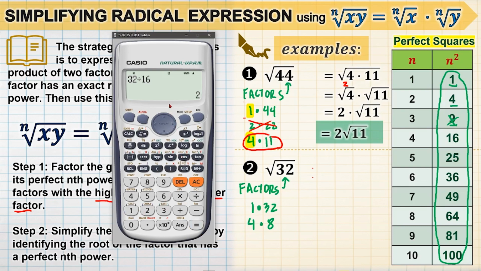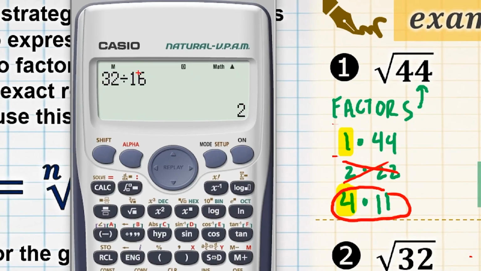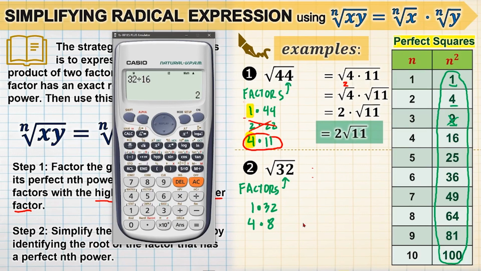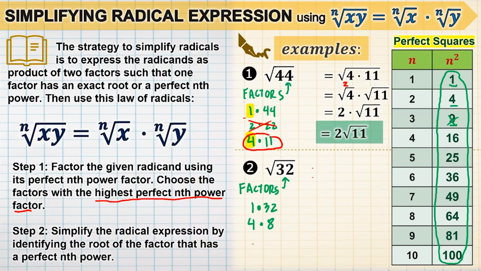As you can see, if you divide 32 divided by 16, the answer is equal to 2. Therefore, we can say that 16 times 2 is equal to 32. Now, ang hinahanap kasi natin dito is yung may pinakamataas na perfect square factor.